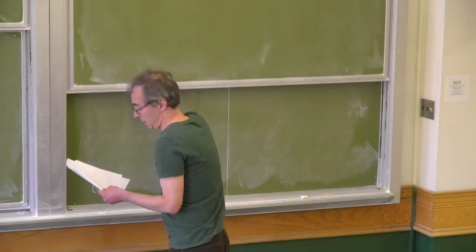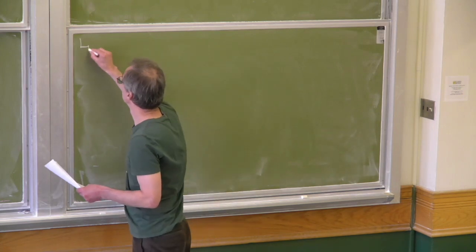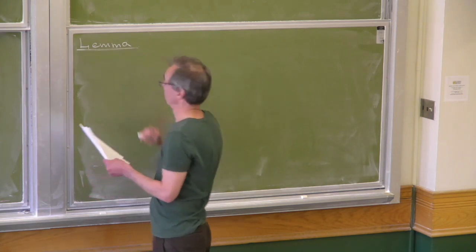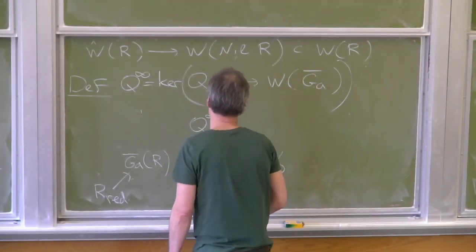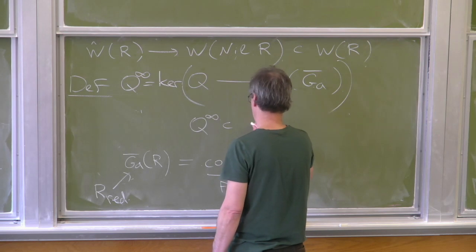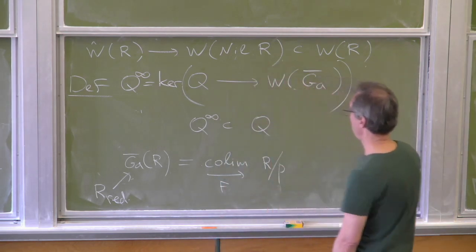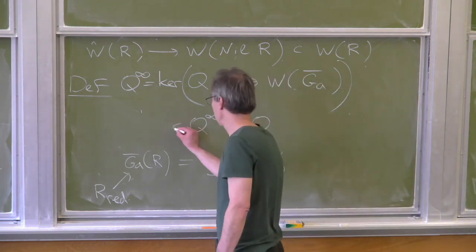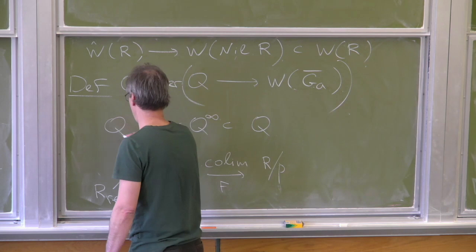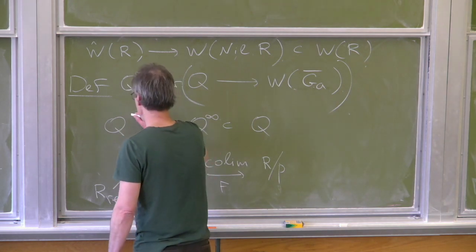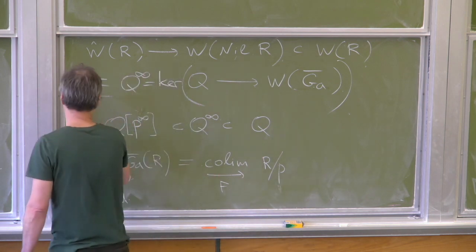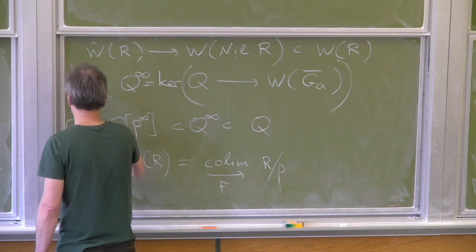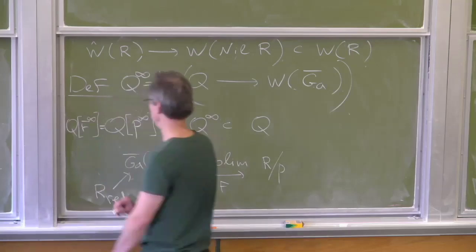Lemma: Q infinity sits inside Q, and it contains another subgroup here, namely the p-power torsion, which is also the same as the kernel of Frobenius.